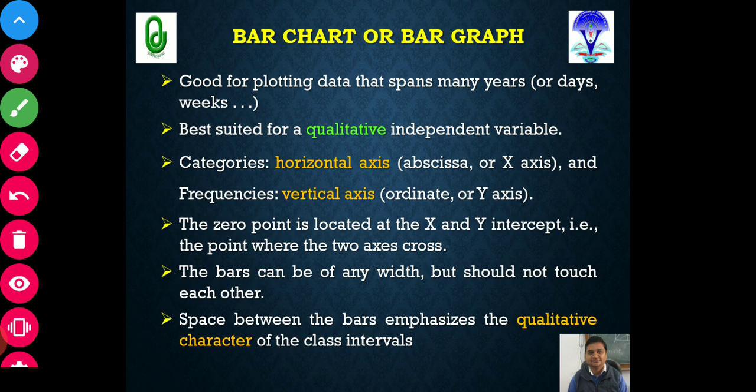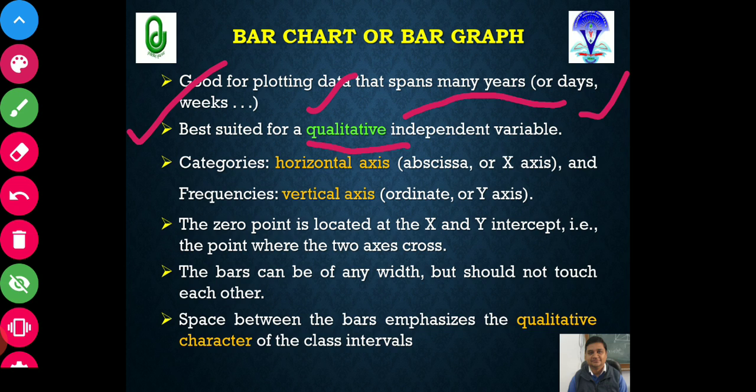Then how can this bar chart be prepared? It is good for plotting data that spans many years. The time component, we have already seen: if you have data on various years or days or weeks, you can think of a bar chart, considering that all other conditions are met. It is best suited for qualitative data. We have already studied that qualitative or categorical data is needed for preparation of a bar chart.